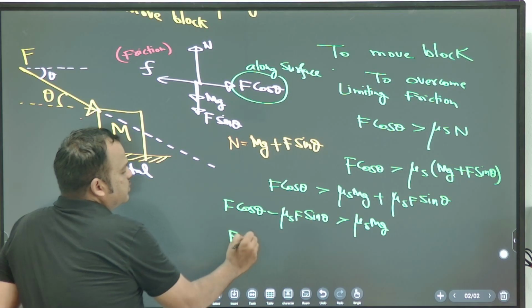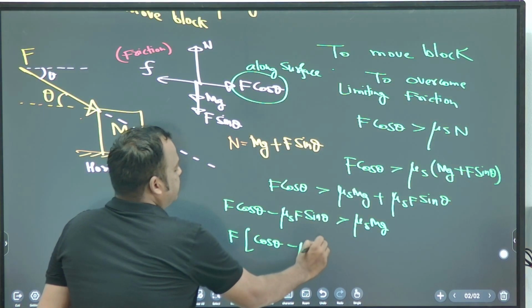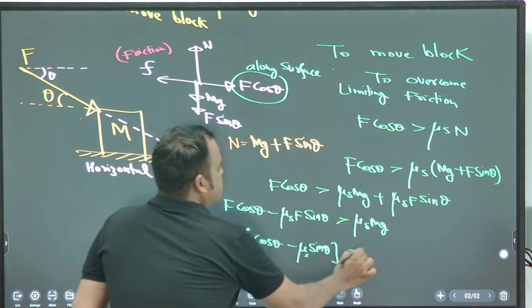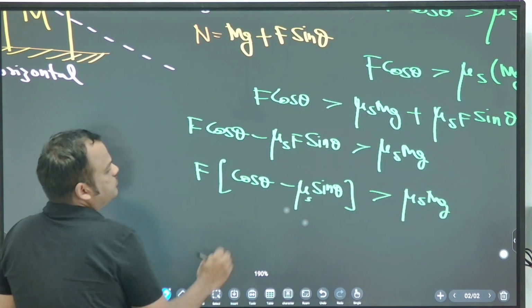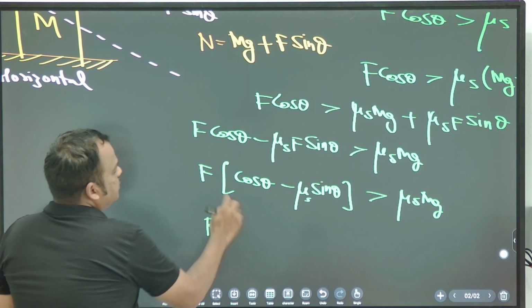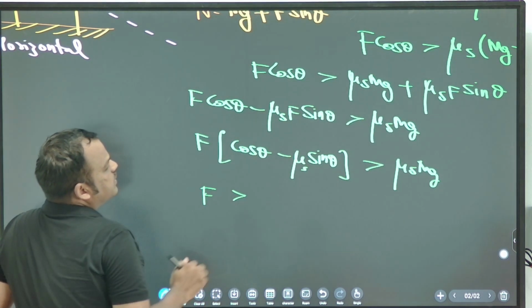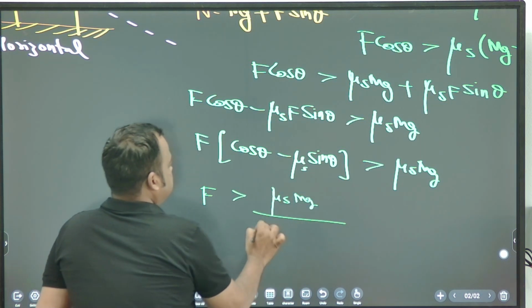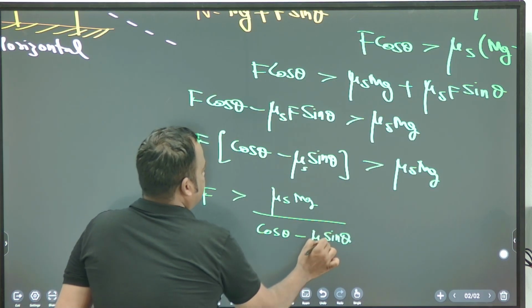Now take f common: f into cos theta minus mu sin theta, which is mu s, is greater than mu s mg. So what is f? Now take this term to the right side. So f is greater than mu s mg divided by cos theta minus mu sin theta.